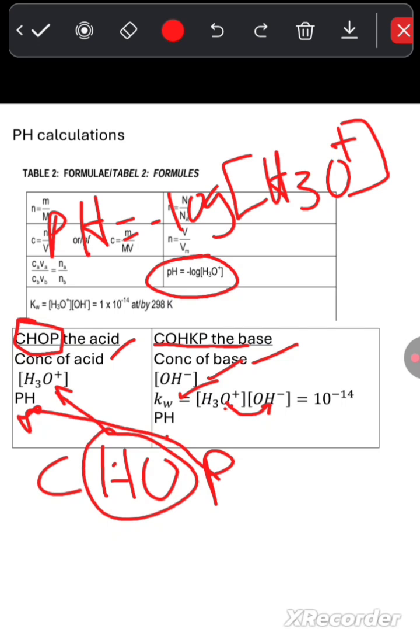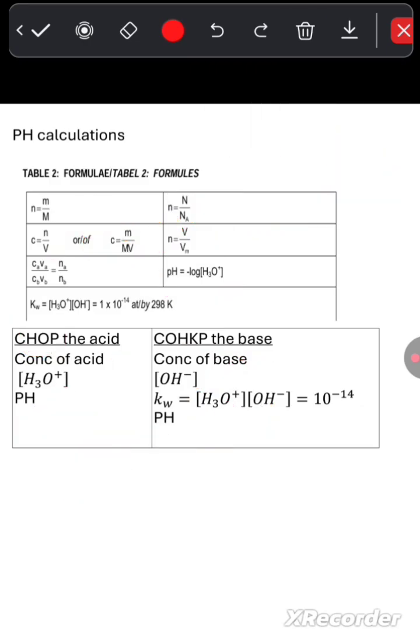And this happens at 25 degrees, that is the room temperature. Then P stands for the pH formula, which is that. But let's get into it and see the examples.